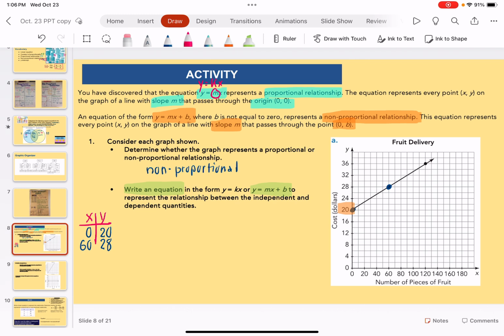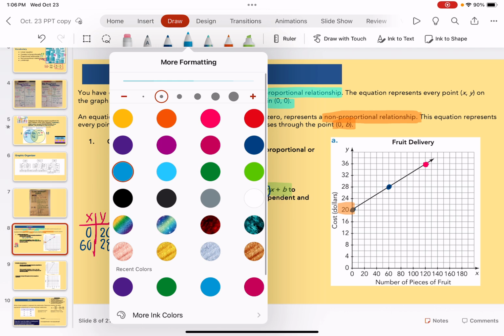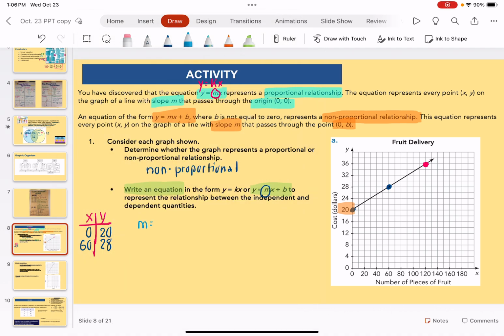If I wanted to, I could also use this last point up here, which looks like 120 and 36. But that's just an option if you didn't want to use one of the other 2 points. Okay, so from here, because I know it's non-proportional, I know I have to find my slope. So I'm going to write my equation to find the slope, which is y2 minus y1 over x2 minus x1.